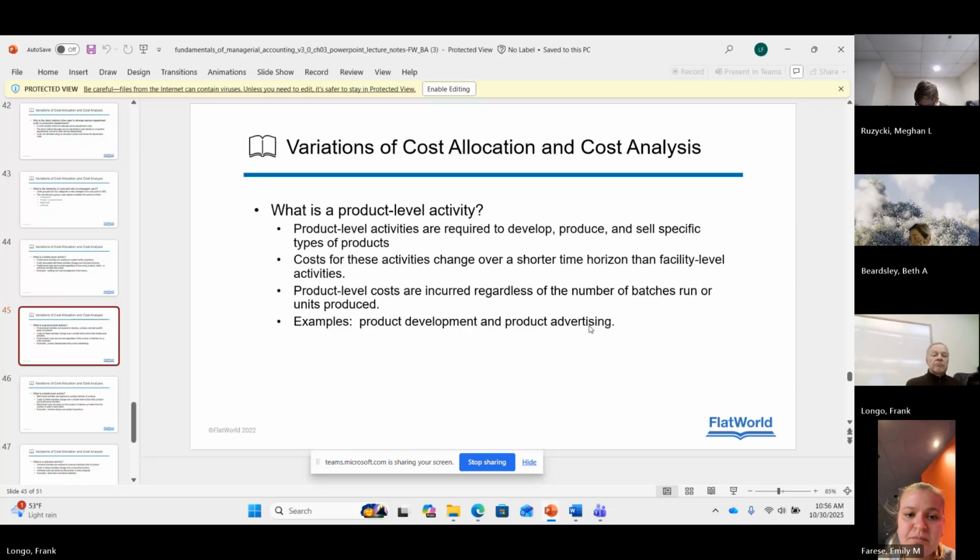So just to expand on this, the cost of developing a product, to do research to develop a product, you incur that cost. It doesn't matter how many of the product you make. If you want to develop a product, you have to incur that cost.